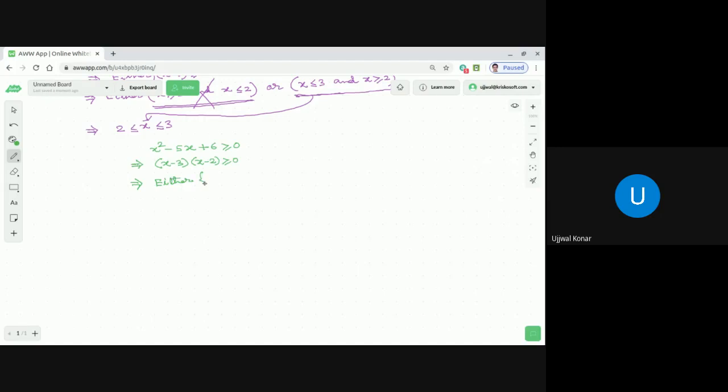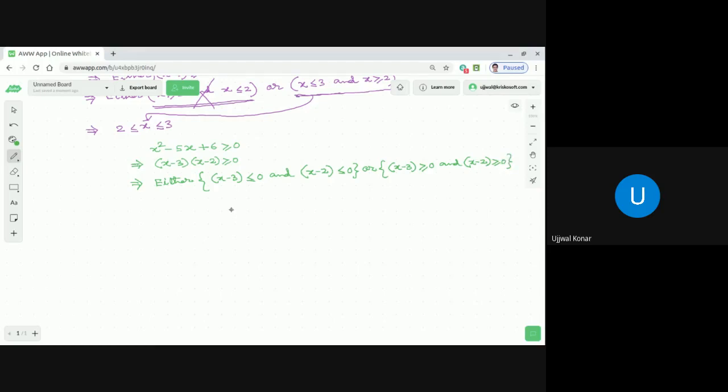Either x minus 3 is less than equal to 0 and x minus 2 is less than equal to 0, or x minus 3 greater than equal to 0 and x minus 2 greater than equal to 0.